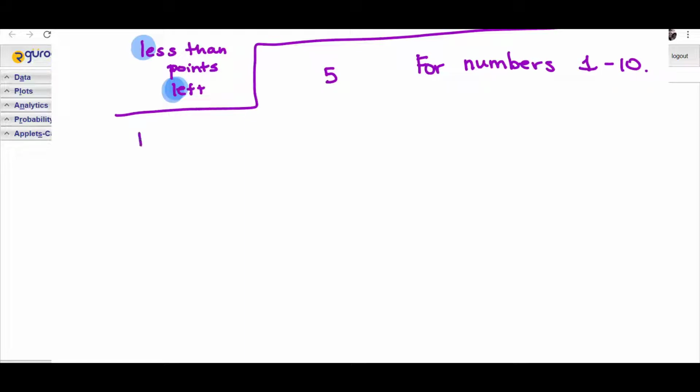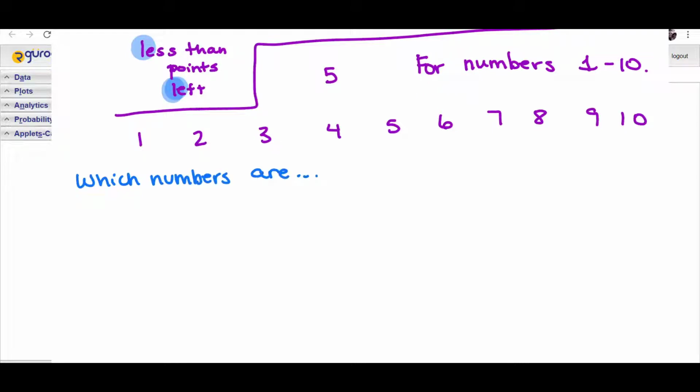So if I had the numbers 1, 2, 3, 4, 5, 6, 7, 8, 9, 10, and then I said which numbers are greater than 5?